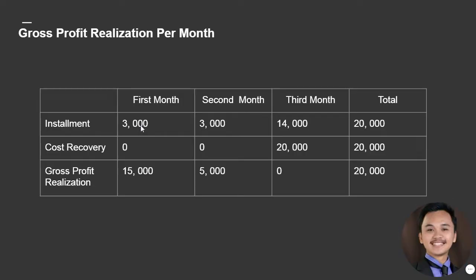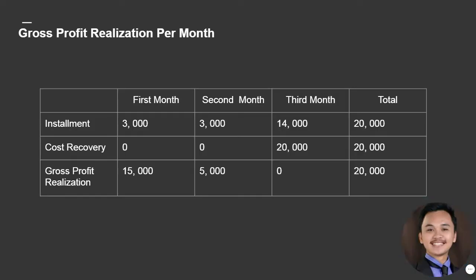So where did we get 3,000? Based on our discussion earlier, any cash collection received under installment sales method will be regarded as partly gross profit and partly part of the total cost of the inventory or the merchandise.